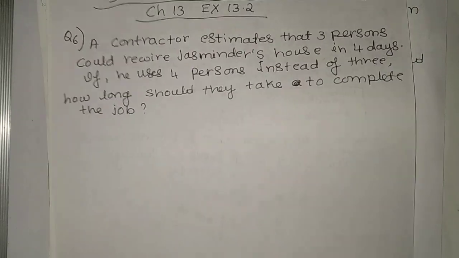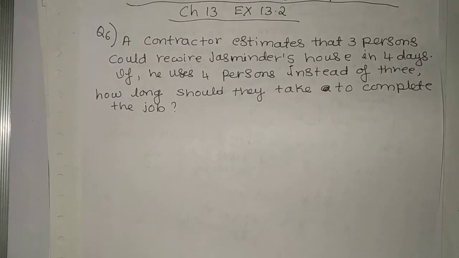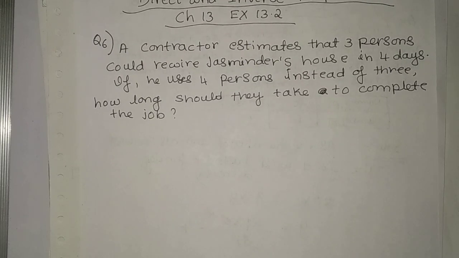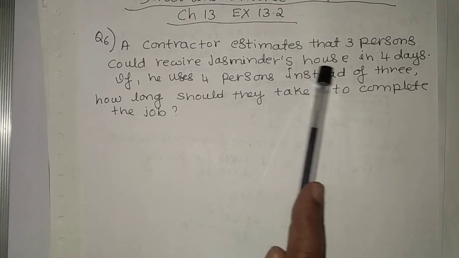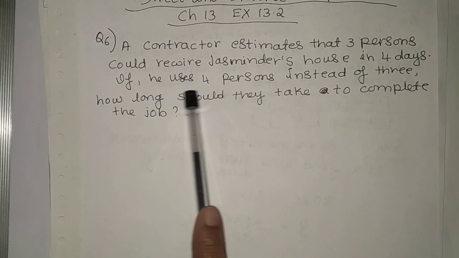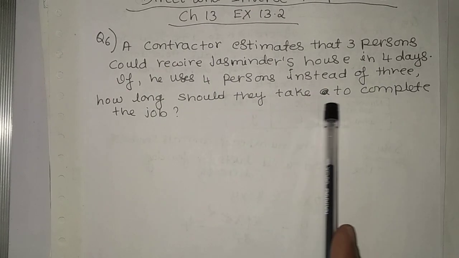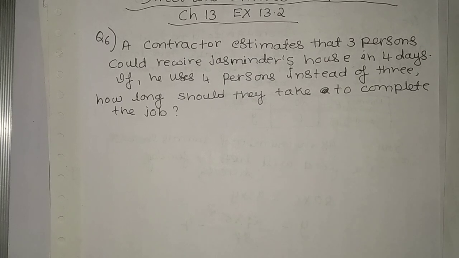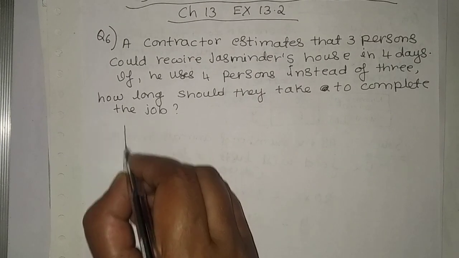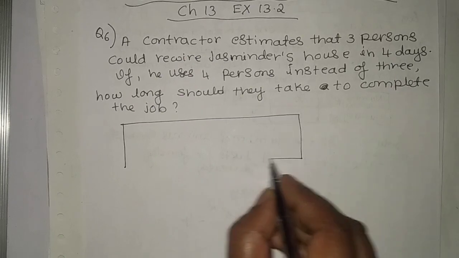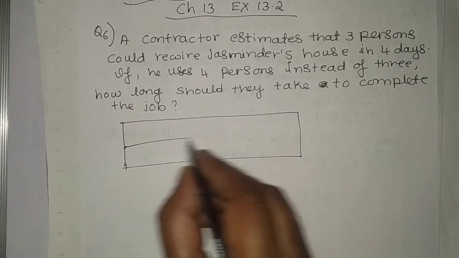Sixth one. A contractor estimates that 3 persons would rewire Jasminder's house in 4 days. If he uses 4 persons instead of 3, how long should they take to complete the job? For this problem also, we'll write the table. It will be easy to solve.